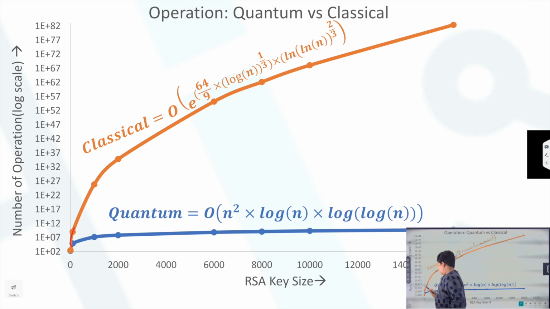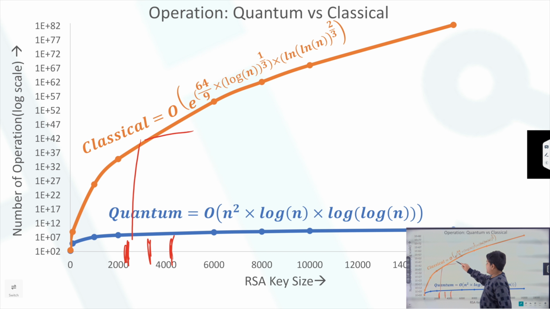So you can see here, the standard is usually RSA 2048, sometimes they use 4000, basically they use from this to this range.